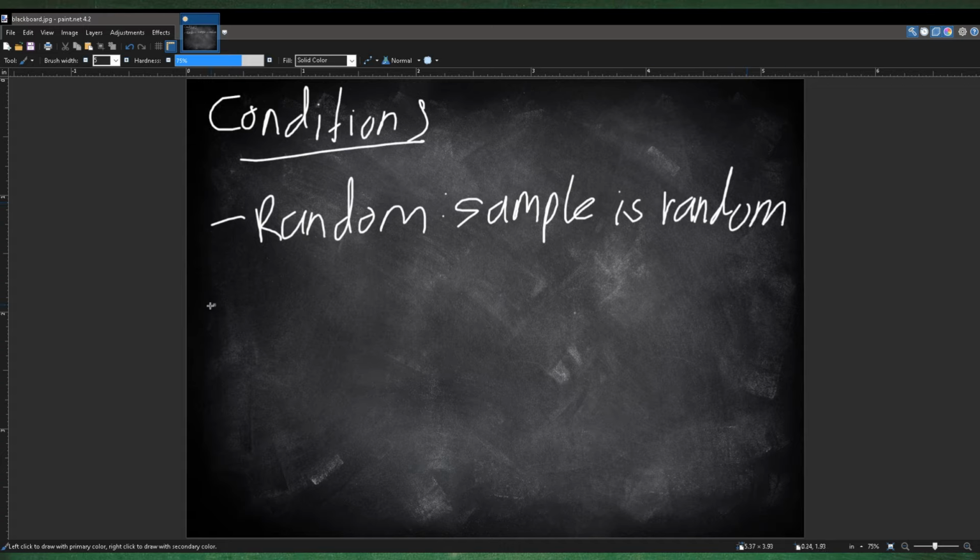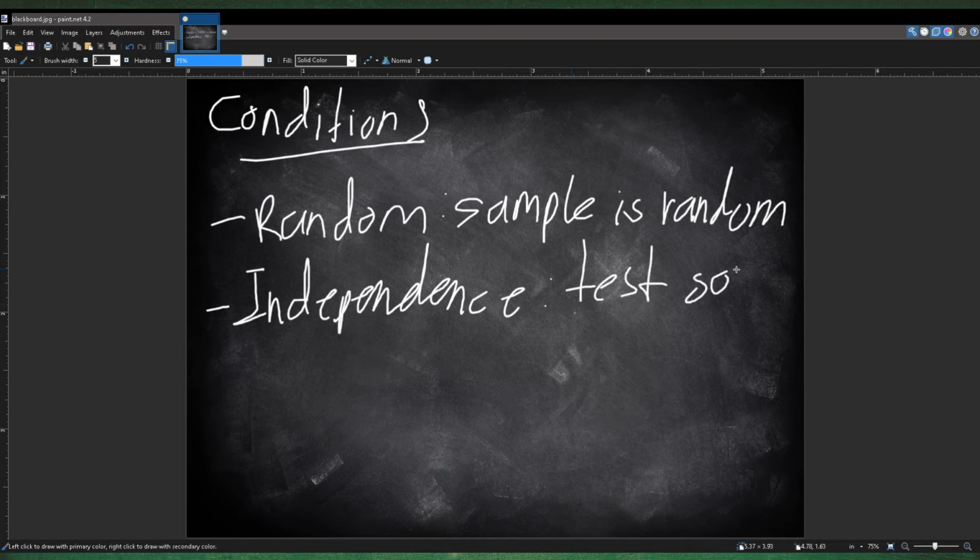Okay. Usually the question just gives you this, so you can just write this down. And then independence. You could just say, using logic, even if the question doesn't say it, that the score each student gets on each test is not affected by the previous test. So the test scores are independent.